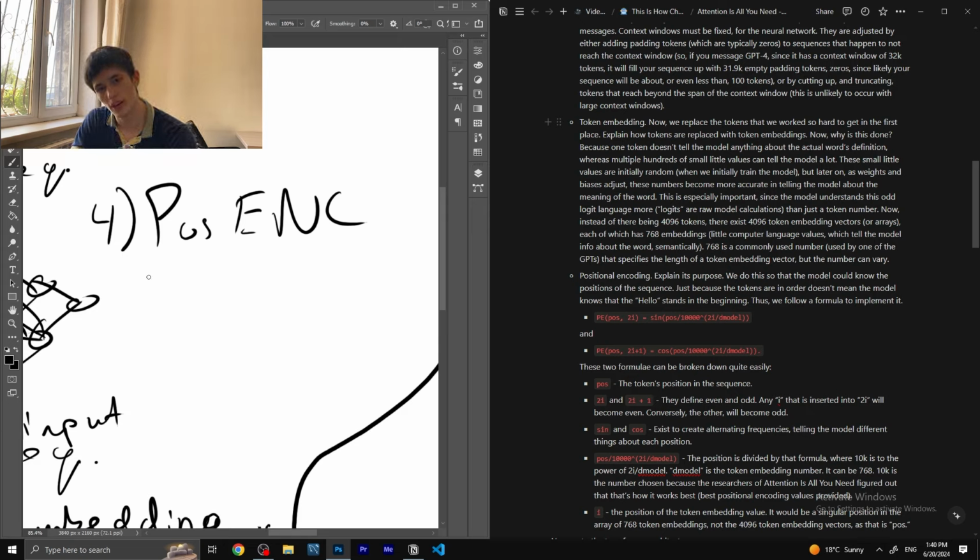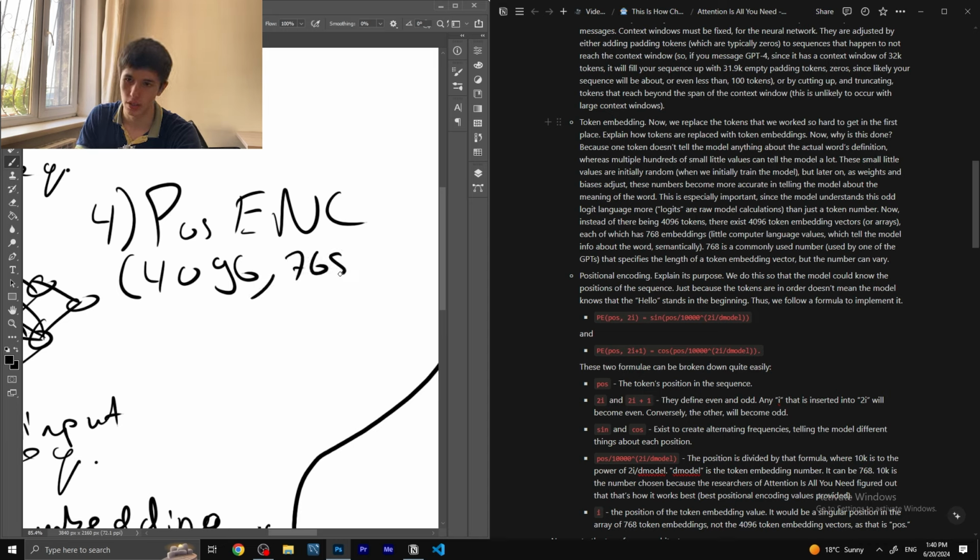So essentially we have now what would look like, imagine if we have a shape, right? Hopefully you can understand how this looks. A shape of 496 embedding vectors, each of which have 768 embeddings.